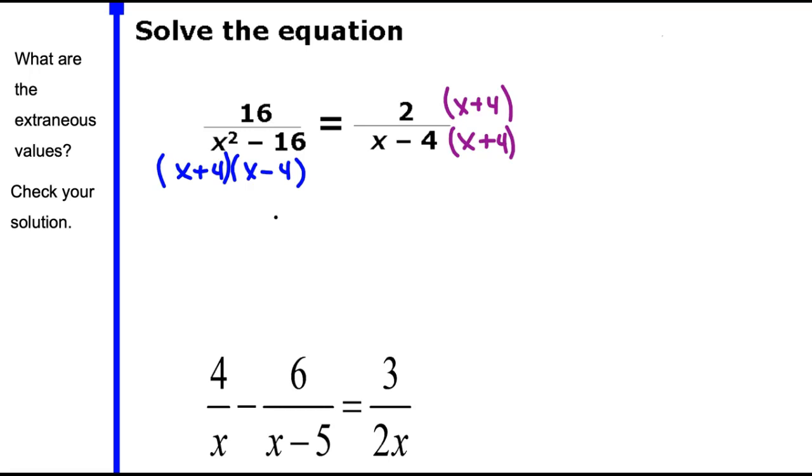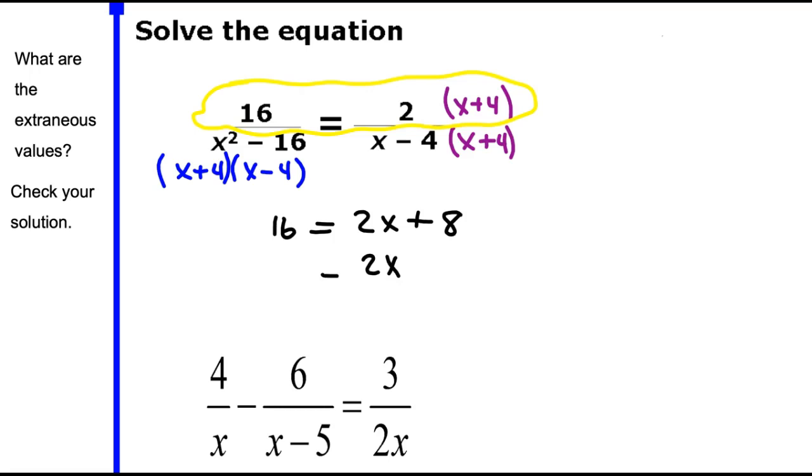Right, so clean that up now. We have 16 equals 2x plus 8 as my numerator stuff. My denominator, I don't really care because I got them to be the same. So now I have 2x equals 8, so x equals 4. And oh, look at what happened. Just what I talked about happened.